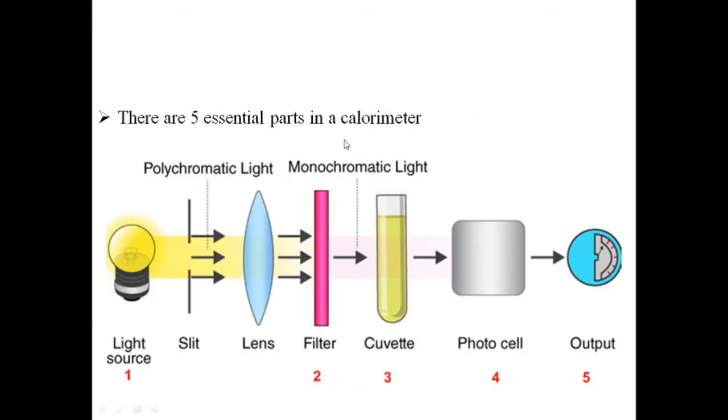So this is the construction of a colorimeter. In this particular setup, it is shown that there are 5 essential parts. It doesn't mean the other parts are not essential, but those are playing an important role. So this is denoted with number 1, number 2, number 3, number 4 and number 5.